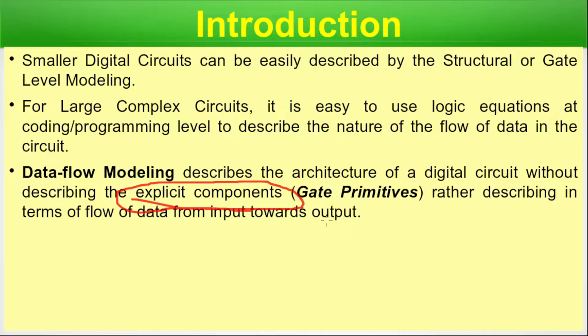Here we have used the explicit component, that is the gate primitives, in structural modeling. Here we use equations, but we refrain from using the gate primitives. Rather, we have logical equations to build up the data flow. However, we will have a test bench to testify our own design, which in every episode I essentially include, because otherwise your design is untested and you don't know what the output can be.